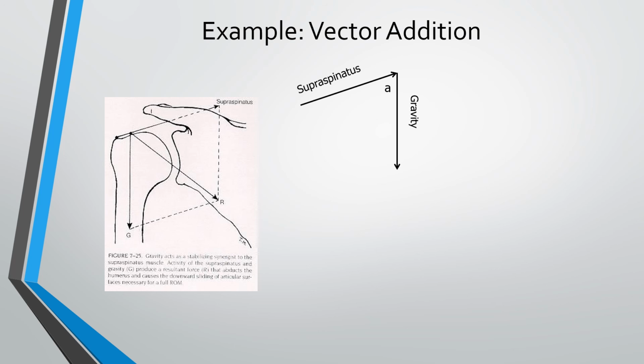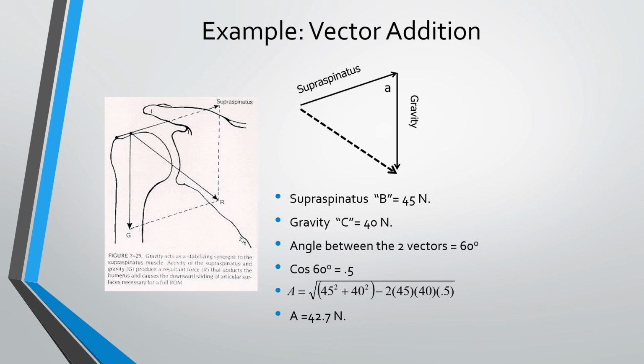And here is the angle between the two vectors, and here is the length and direction of the resulting vector. So to figure that out, we have the supraspinatus force B, 45 newtons, and the gravity force C of 40 newtons, and the angle between the two being 60 degrees, and the cosine of 60 degrees is 0.5.